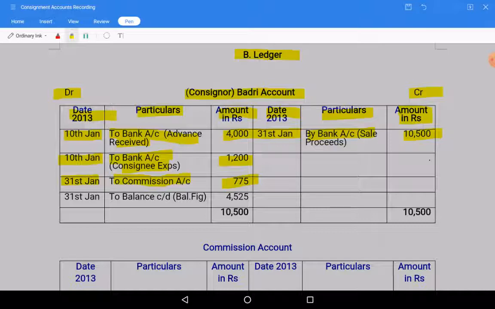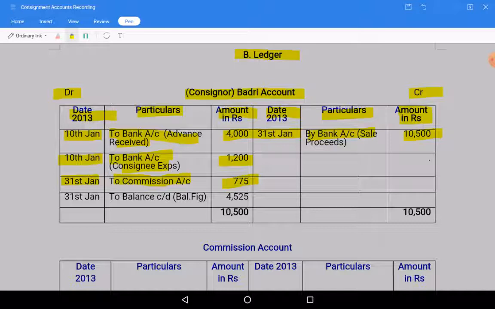It is income to consignee, so it will be debited here. So commission 775. This is similar to the consignee account in the books of consignor, but here we wrote bank. There we will write consignment account.